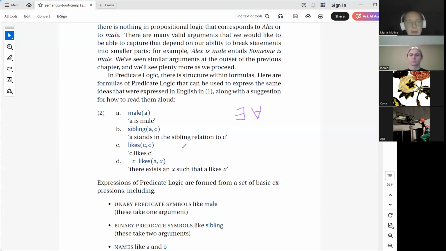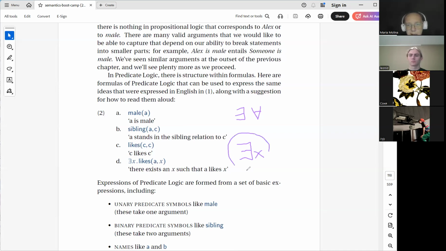So if we were talking about the existence of some person, but we do not know which one, Alex or Casey or which one, we use it in this way: there exists, existential, and X. There exists some.